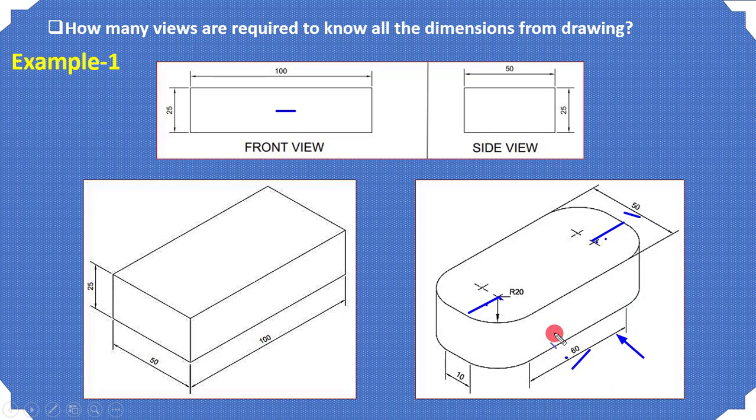So if you look at this object from this side, then it will look like this. Similarly, if you see this object from this side, then it will look like this.